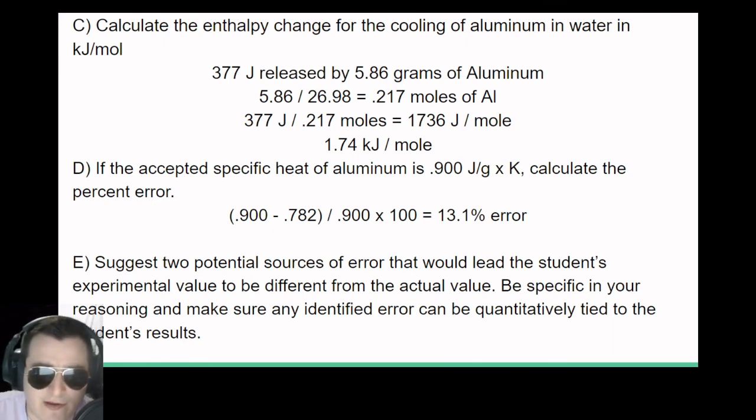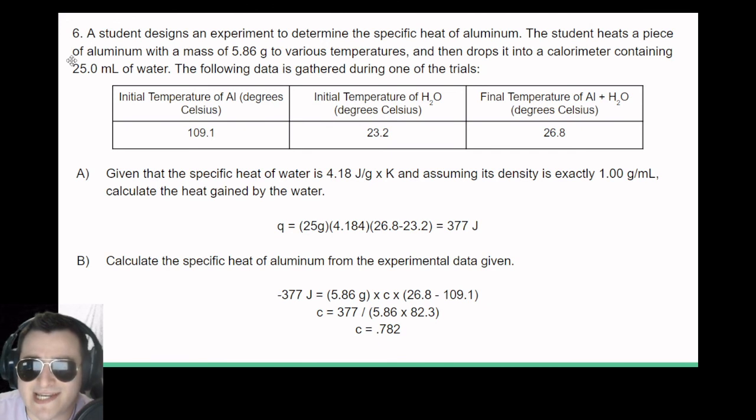Secondly, what else could we say? Well, we could go off of user error from the very beginning. What if we didn't actually have 25.0 milliliters of water? What if the temperature achieved by the aluminum wasn't 109.1? What if the final temperature wasn't actually 26.8? I'm going to go more off of the water. What if I put in 26 milliliters instead of 25? I just read it wrong. Took it from the wrong meniscus. I was seeing double. I don't know.